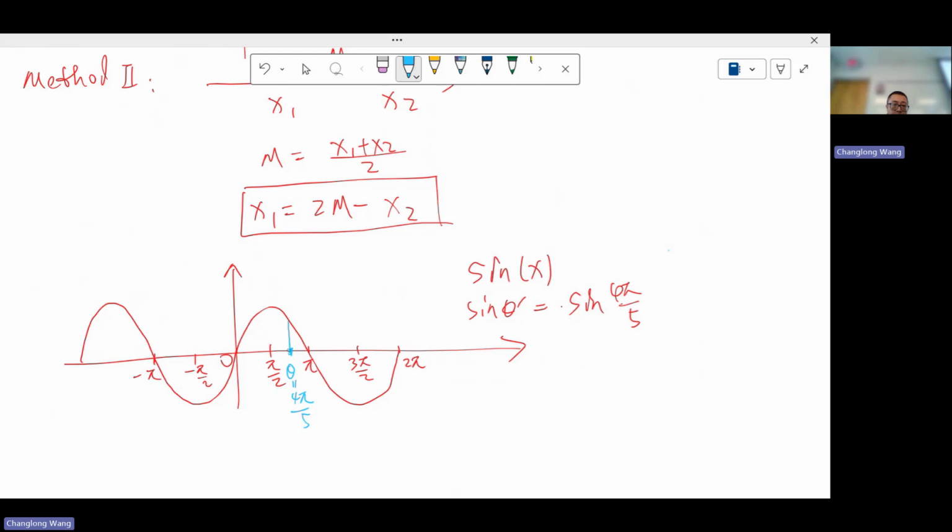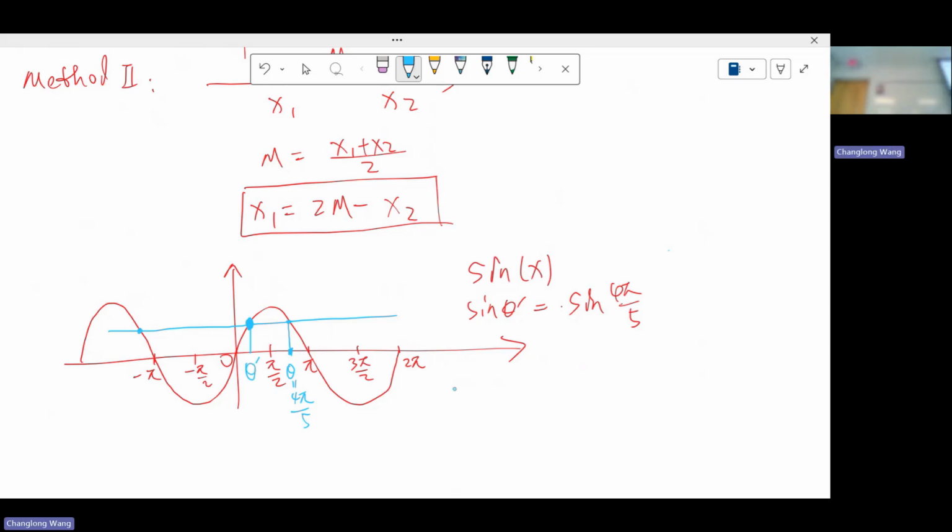So I want another angle that has the same exact function value. If I go up to the sine curve, I find this is the sine function value I want. Let me draw a horizontal line. Do you see that it will intersect the sine curve here and at many other points, right? But let me make this point a little bit bigger, because that's the point that's going to tell you what theta prime is.